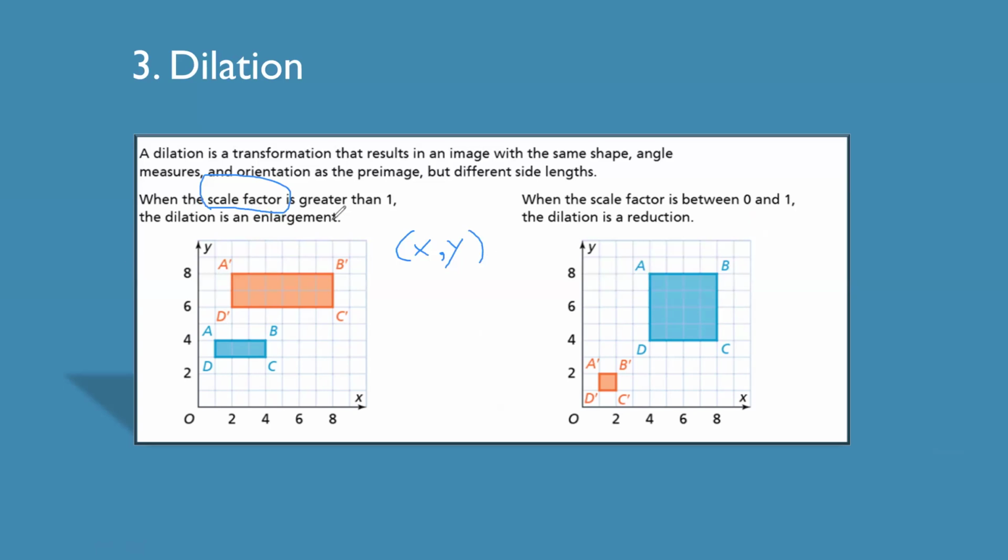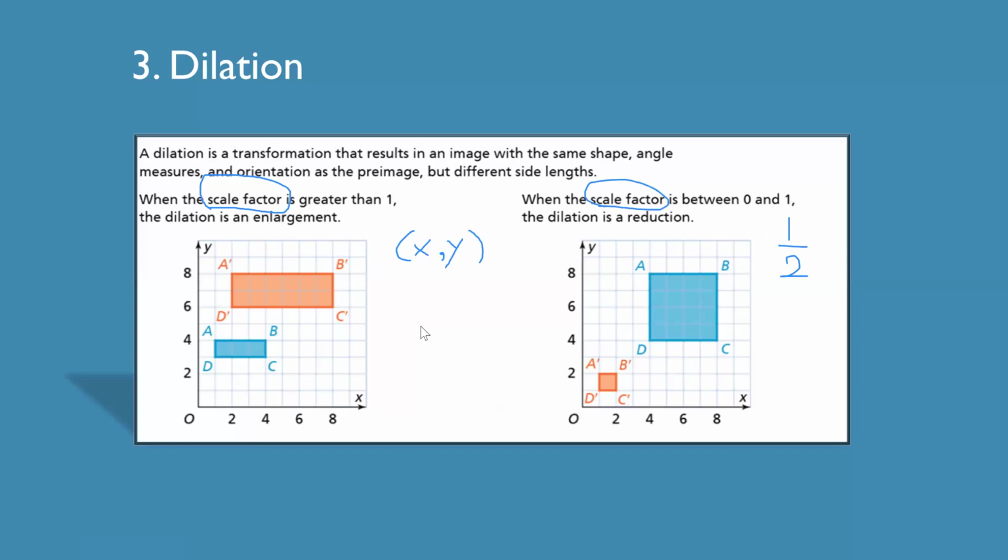If the scale factor is greater than 1, my figure becomes bigger. If my scale factor is between 0 and 1, less than 1, my figure becomes smaller. So if my scale factor is, for example, 1 out of 2, I know my shape becomes smaller.